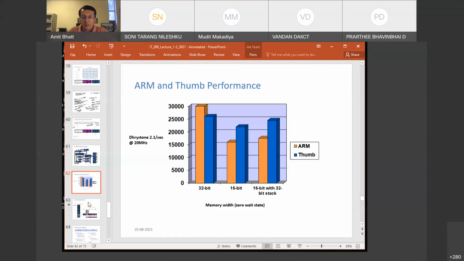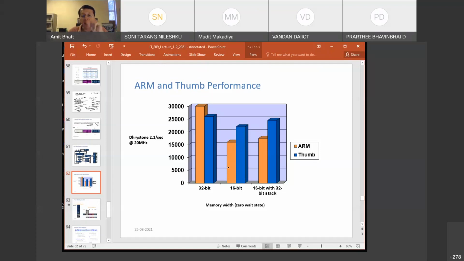So here, as you can understand, the execution of a program which is written using the ARM instruction set is slower than the execution of a program using the thumb instruction set. And why is that? The reason is that each ARM instruction is 32-bit long. But the memory I'm using for storing both instruction and data is just 16-bit.